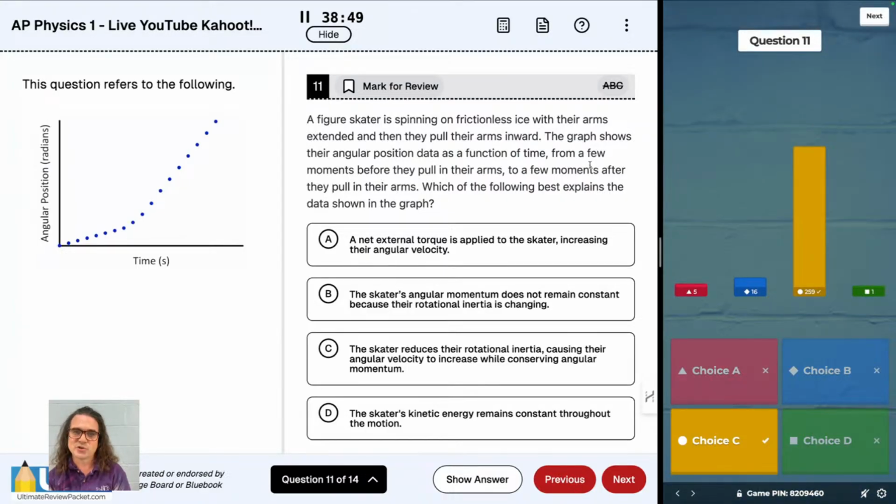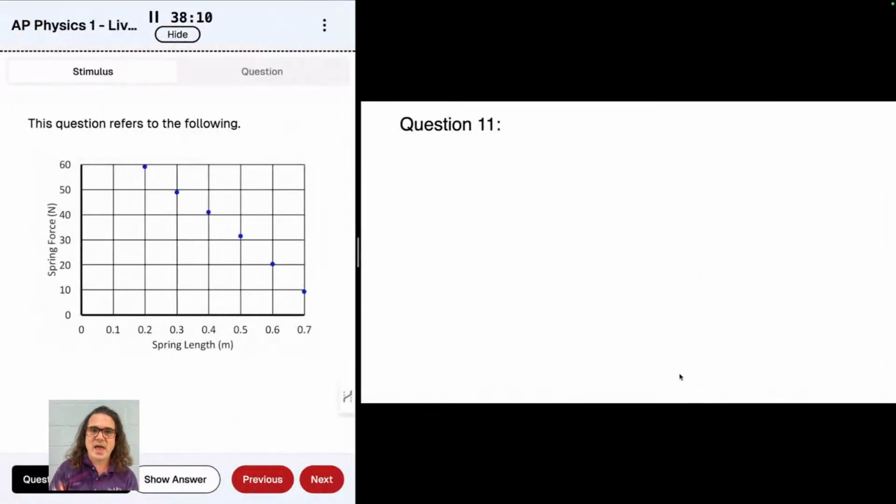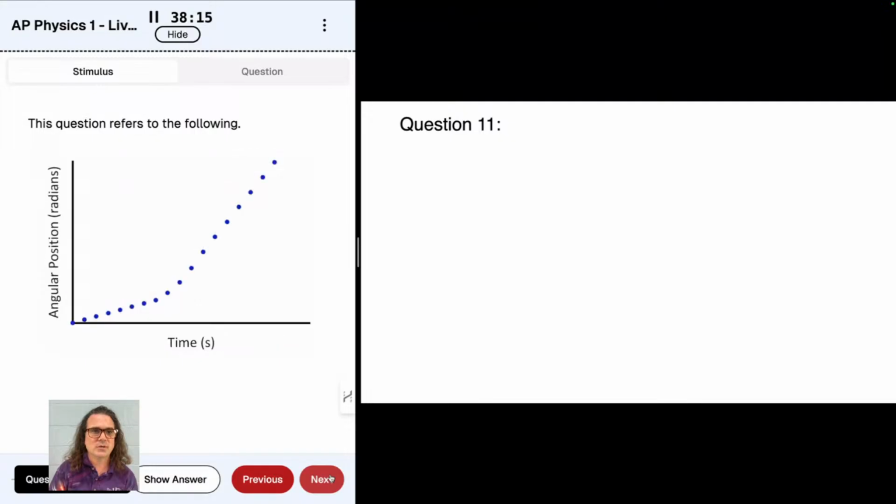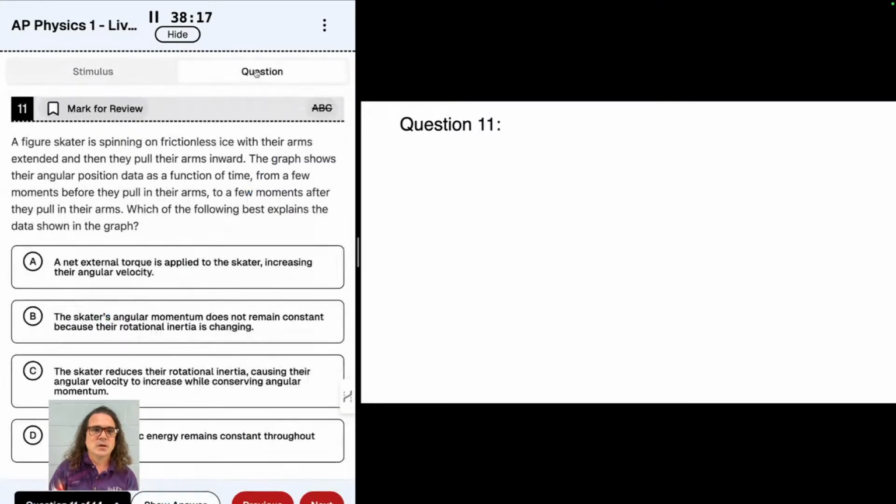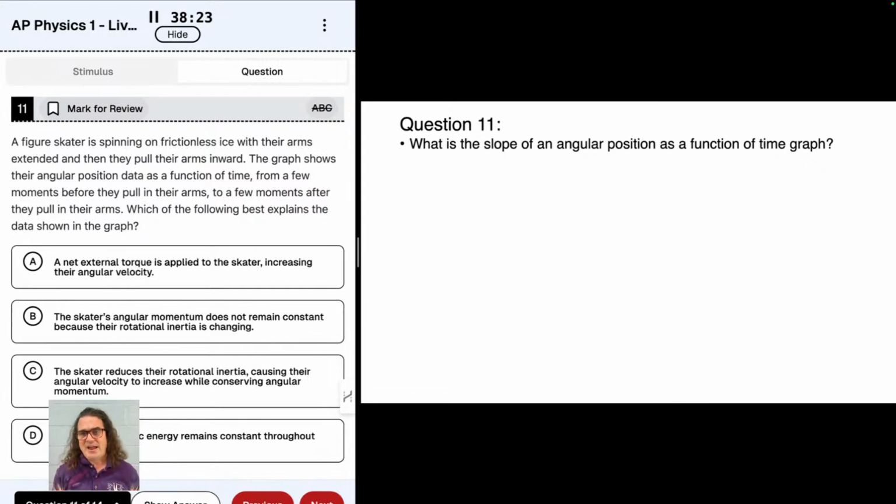Here we go. Answer choice C is the correct answer choice. Let's look at why that is. Looking at the question. So question 11. What is the slope of an angular position as a function of time graph?